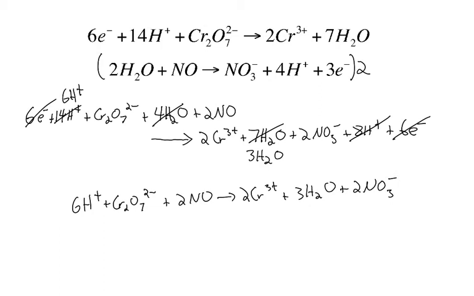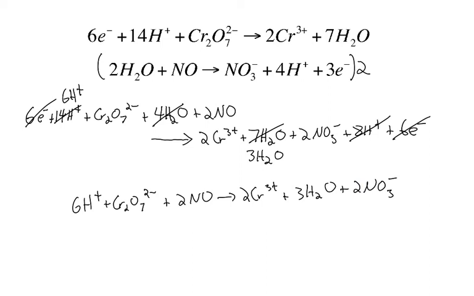Okay, and at this point, if I've done everything correctly, my redox reaction should be balanced, but it's always good to double check and make sure that both the atoms are equal on both sides as well as the charges. So I have 6 hydrogens, 2 times 3, I've got 6 hydrogens on the product side, 2 chromiums, 2 chromiums, I have 7, 8, 9 oxygens, I've got 3 plus 6 oxygens, so I've got 9, and 2 nitrogens, and 2 nitrogens.